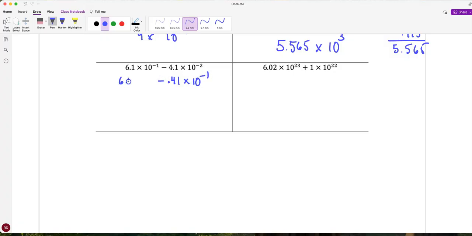So this is 6.1 times 10 to the negative 1 minus 0.41 times 10 to the negative 1. So 6.1 minus 0.41. 10 minus 1 is 9. 10 minus 4 is 6. So you get 5.69 times 10 to the negative 1.